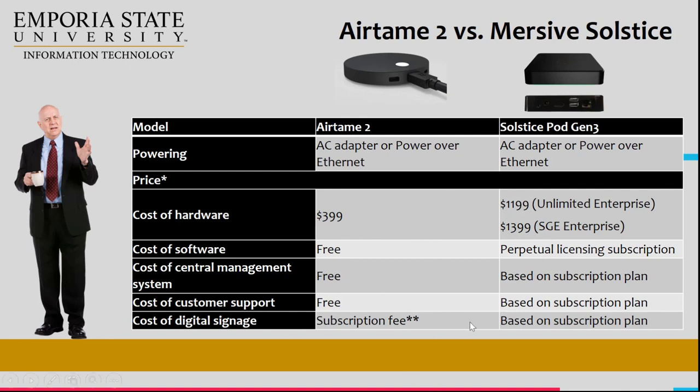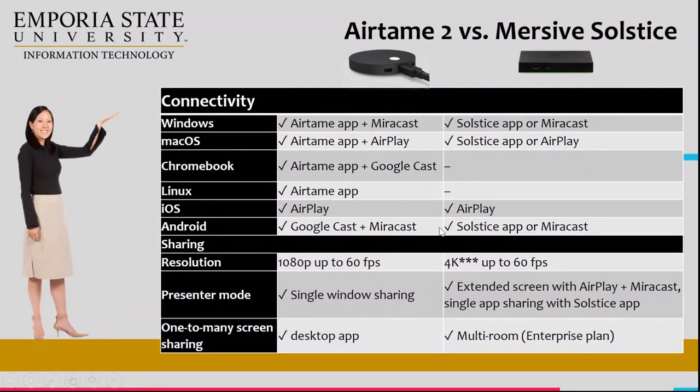So depending on what features you might need, they're all listed out here for you to compare. Here again with the connectivity, you'll see that the Mersive Solstice does have an app that you can download when using Windows, but they do have some native AirPlay and Miracast built into their product so that you can directly connect with those casting options.